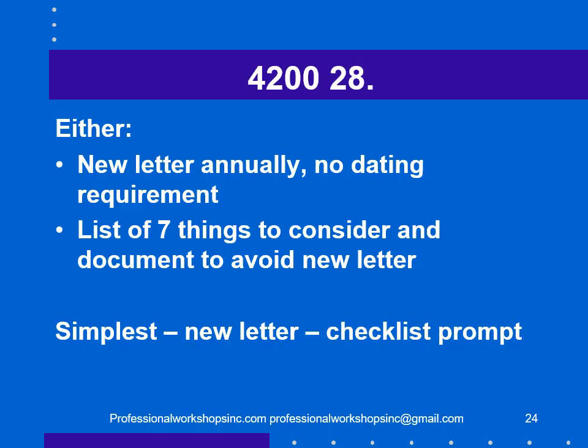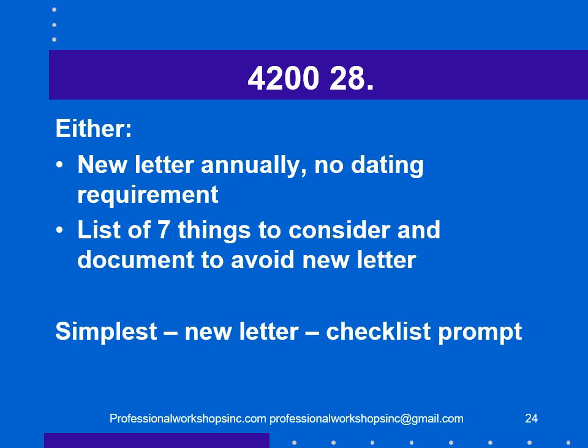Paragraph 28 says either get a new engagement letter every year, which is pretty simple. You have it in word processing. You send it out, and I really don't care when you send it out. The first engagement letter has to be obtained before the engagement begins, though as a practical matter, it just means dated before the engagement begins, irrespective of when you actually got it.